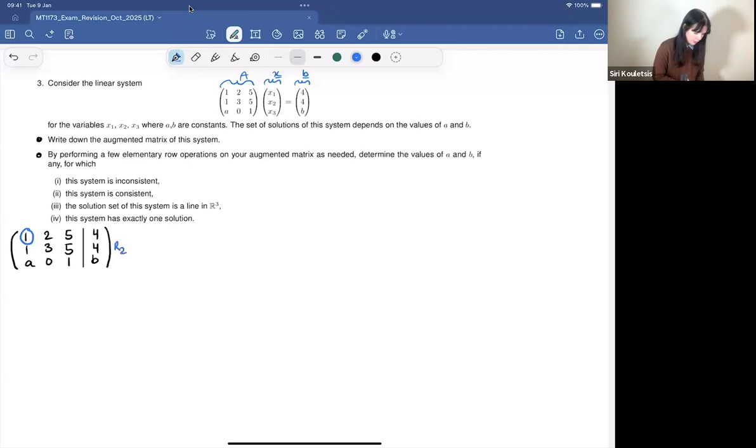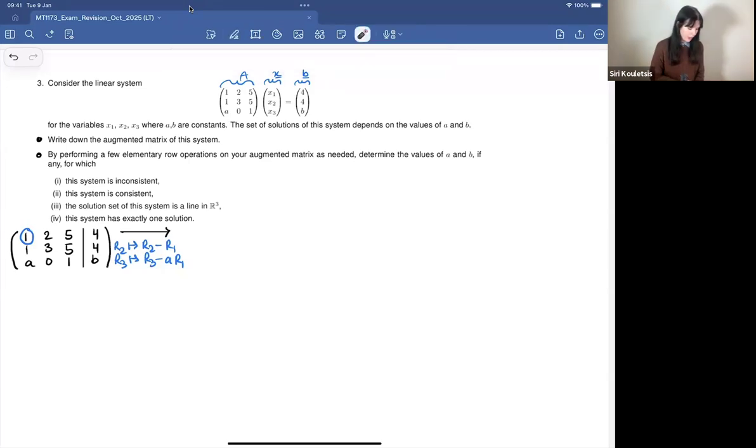And so we see that if R2 goes to row R2 minus row 1, and R3 goes to R3 minus A times row 1, then that will achieve that aim. So we're keeping row 1 fixed, and then we are deducting or adding multiples of row 1 to the other rows.